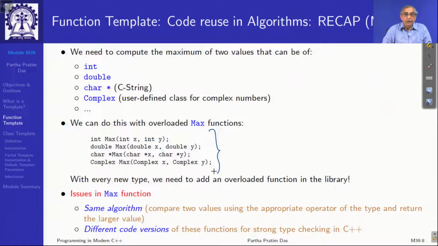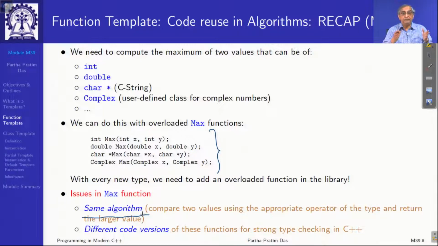So, these are not only overloaded, but they need separate implementations, and a function template is a mechanism by which we can avoid writing their body for each and every type, because all of them use the same algorithm.